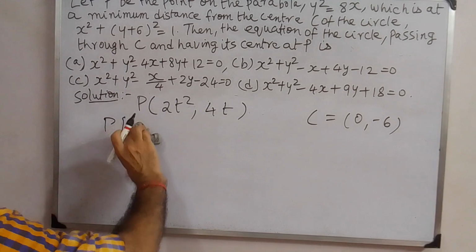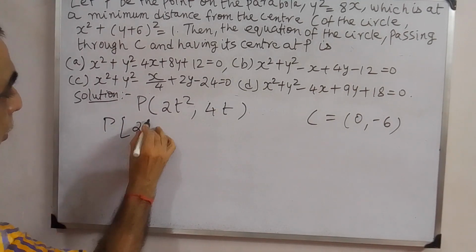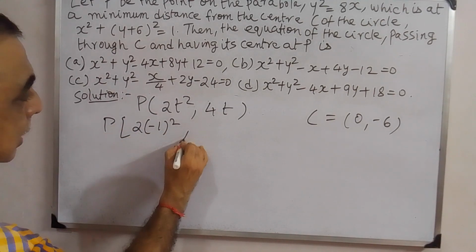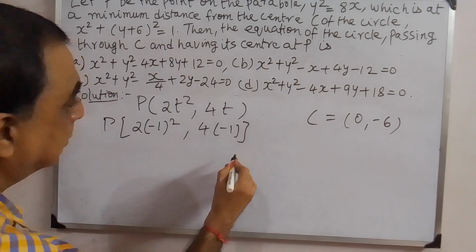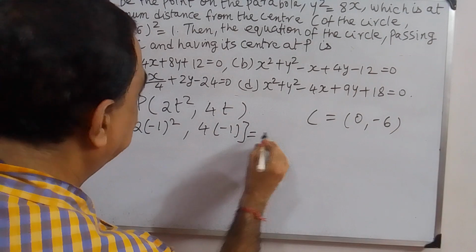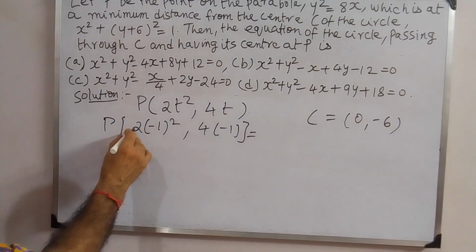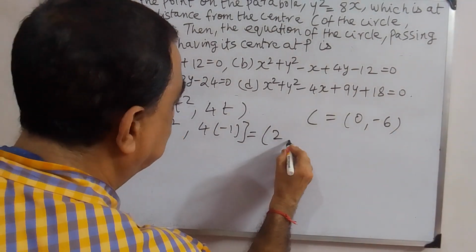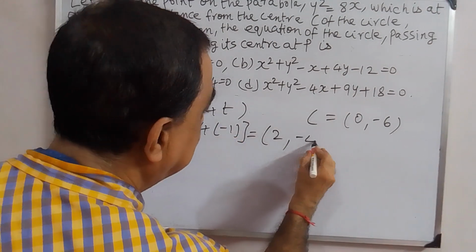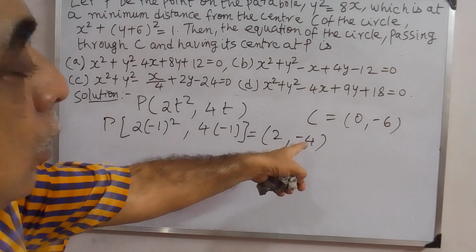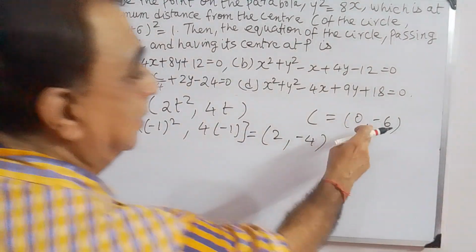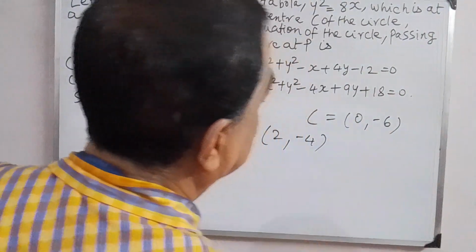So what value of x coordinate will I get? 2 into -1 whole square, and the y coordinate will be 4 into -1. So -1 whole square is +1, +1 into 2 is 2, and 4 into -1 is -4. So the P coordinate we have got is (2, -4), and the C coordinate is (0, -6).